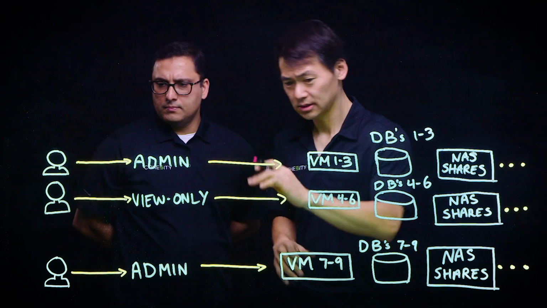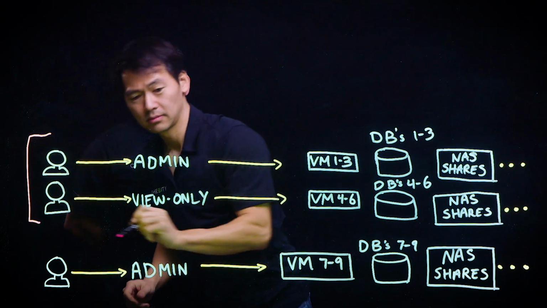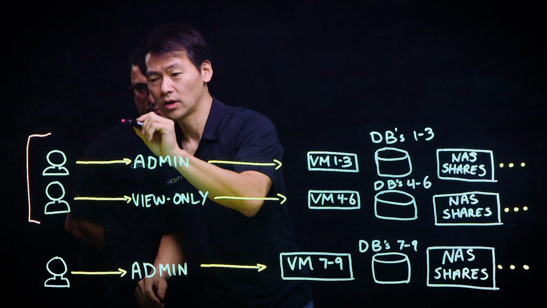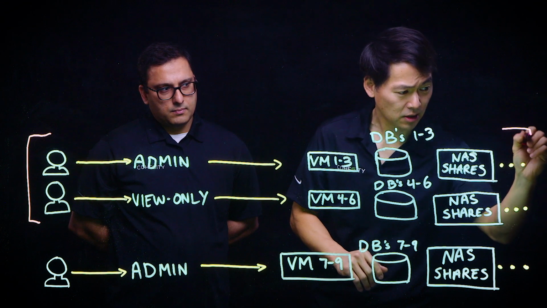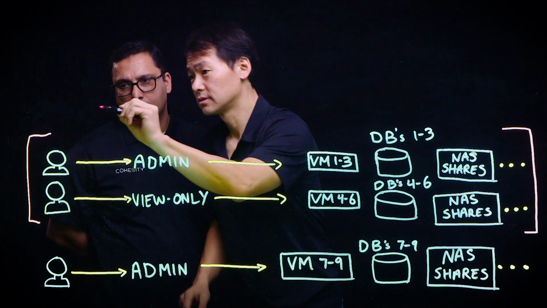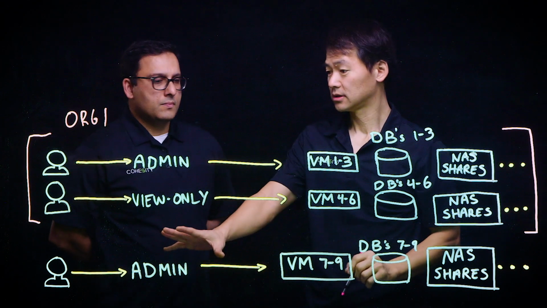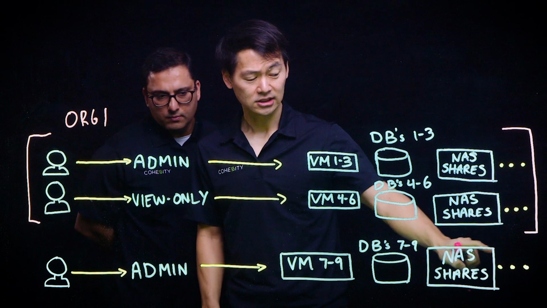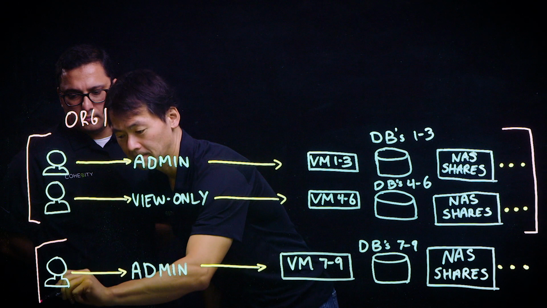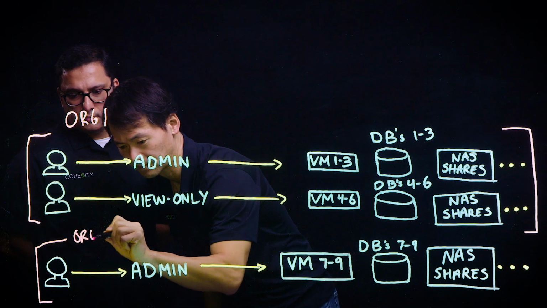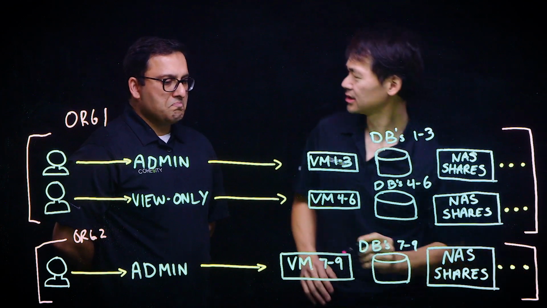So for example, building on the example we had before, you might have these two users be part of org 1, and these data access boundaries also be part of that org 1. And here, this new user and its data access boundaries could be part of a separate org 2. Does that make sense? That makes sense, yeah.